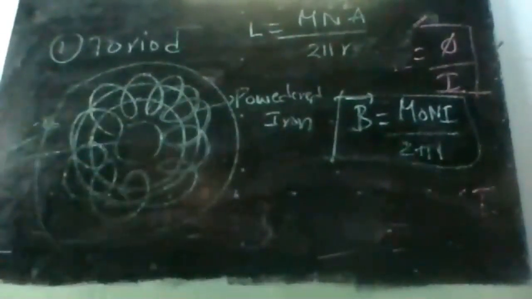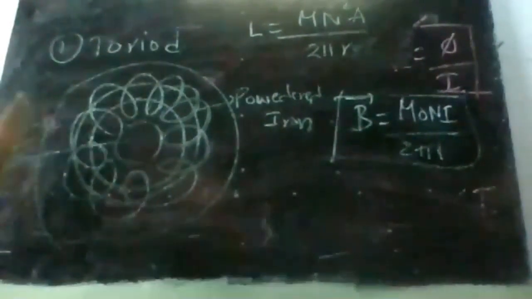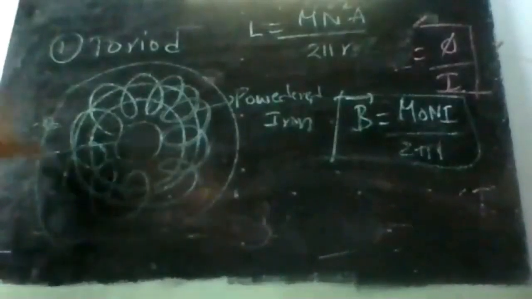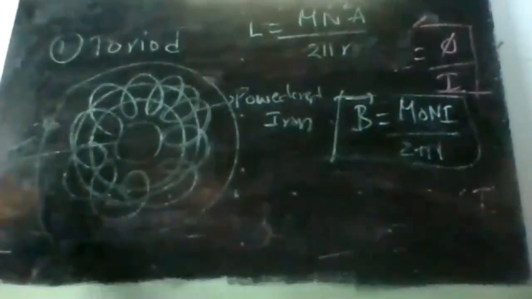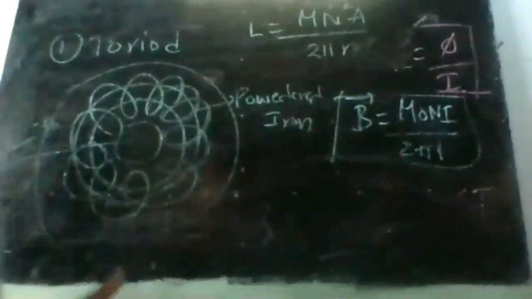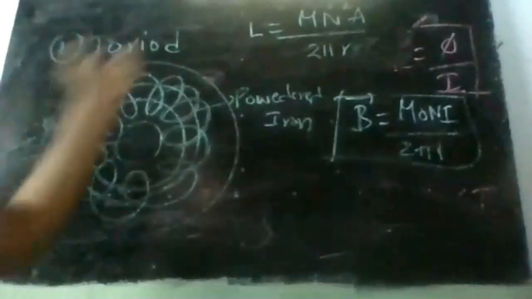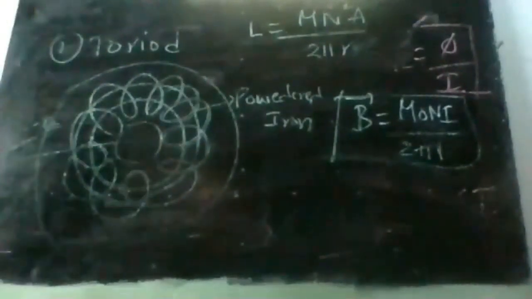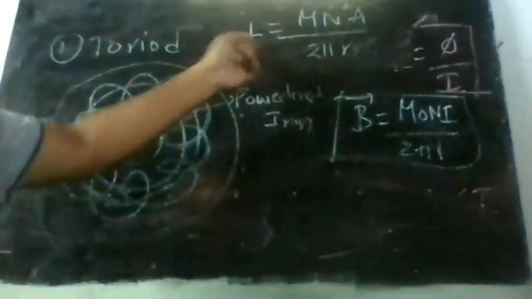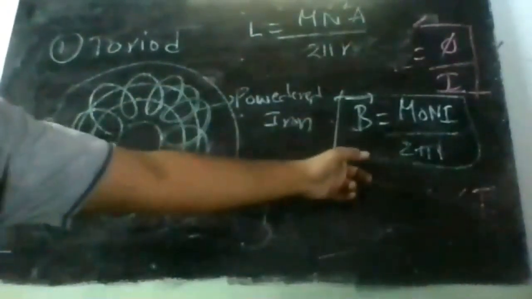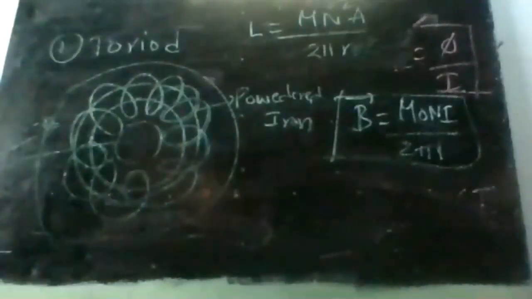It is the most widely used one because all our fans and electrical motors produce magnetic field with the help of toroids. So the inductance of the toroid is this, and the magnetic flux density produced by the toroid is this. Clear with this?